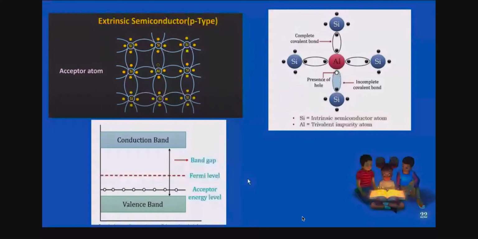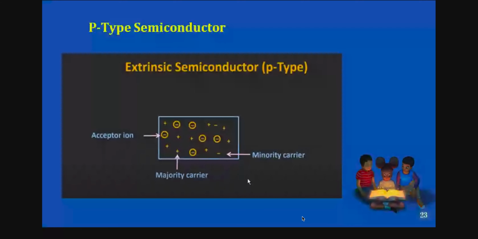Let me take a clear picture of the material we have here. You can see this is the material. The majority carriers are the positive charges, and the minority carriers are electrons. Just now I said negative immobile ions are present.